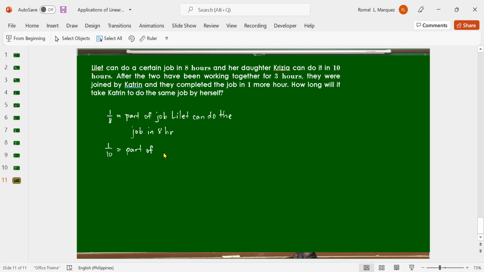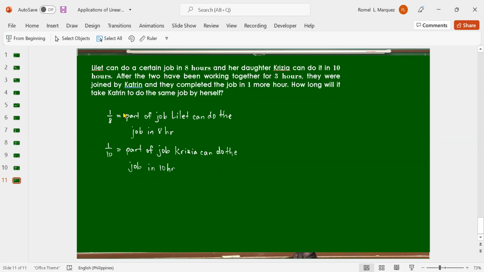Part of the job, Krisha can do the job. Okay, guys? In 10 hours. After working together for 3 hours, they were joined by Katrina.